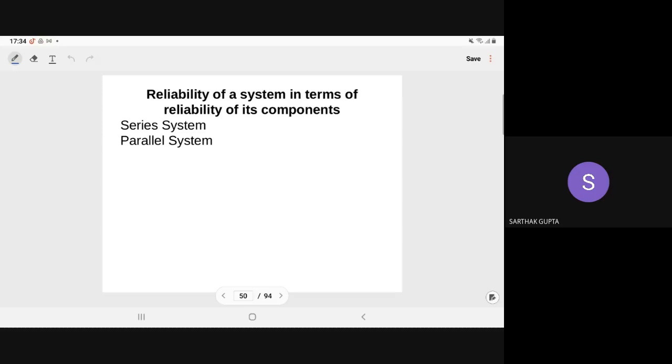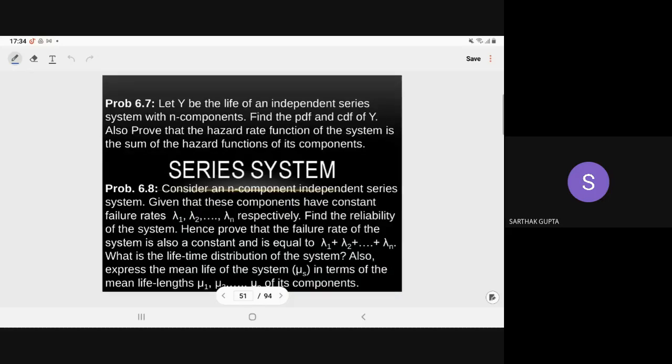So let us start with the series system. Here I will tell you the theory of the series system and problem 6.7 and problem 6.8 simultaneously.